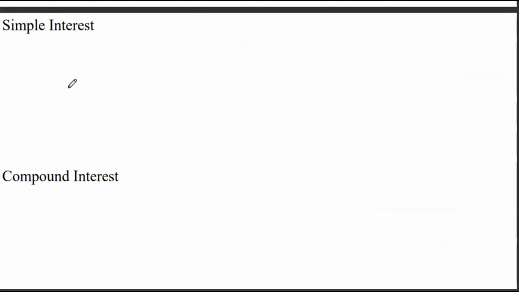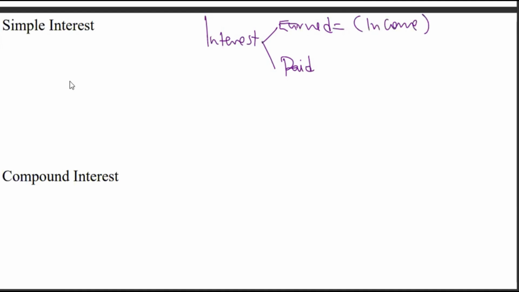Yes, this brings us to interest. What I want you to know, interest is both earned and paid. The one which is earned becomes an income because you're earning it from your investment.